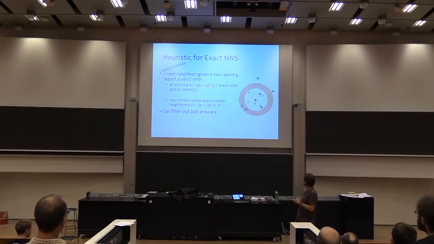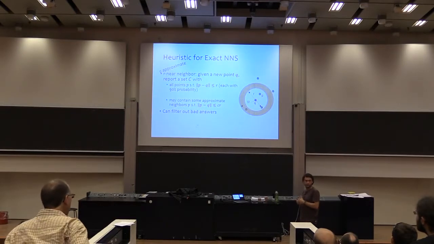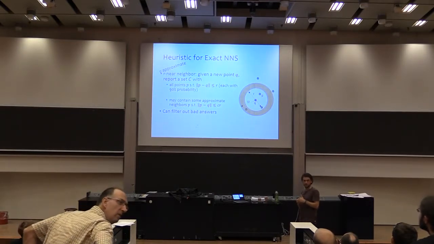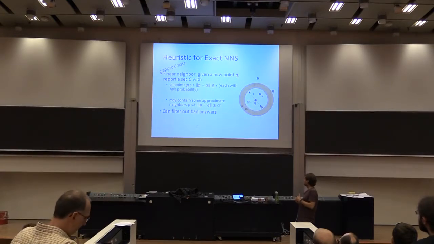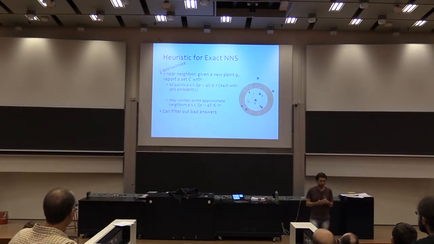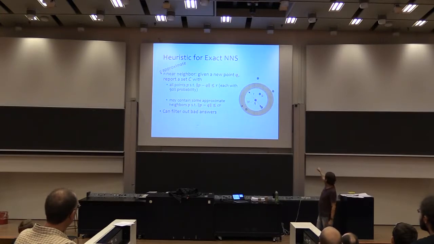Let me mention one way this is used, especially in practice. It is essentially a heuristic for exact nearest neighbor. The idea being that usually the data structures will return a bunch of points, basically a list of candidates. These candidates will include most of the points inside and may include some points in this yellow band.